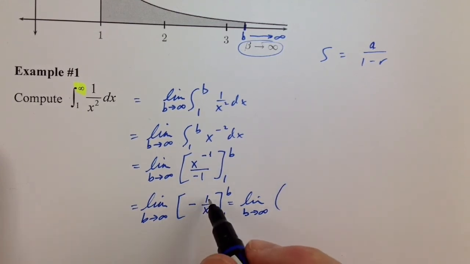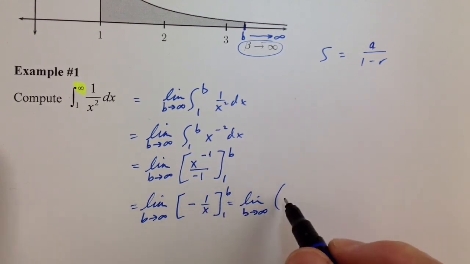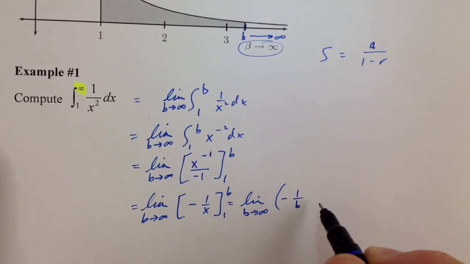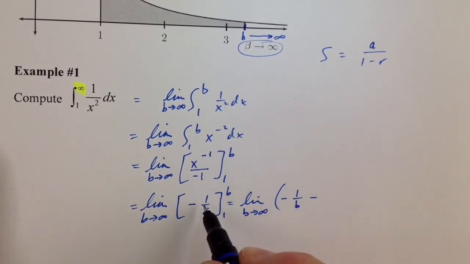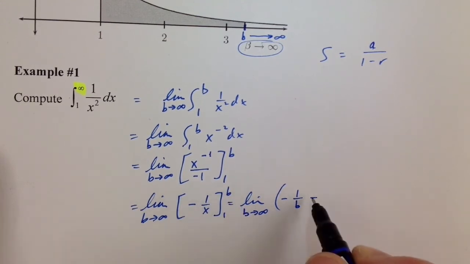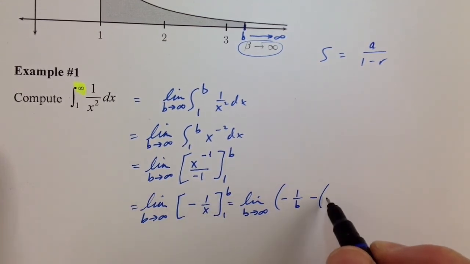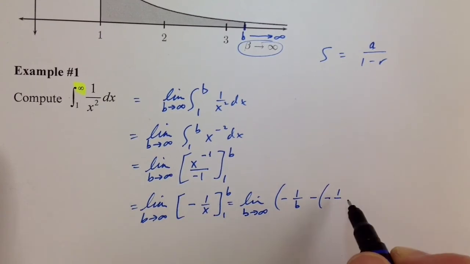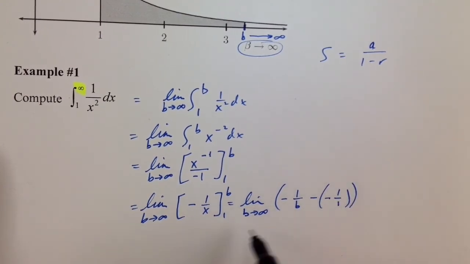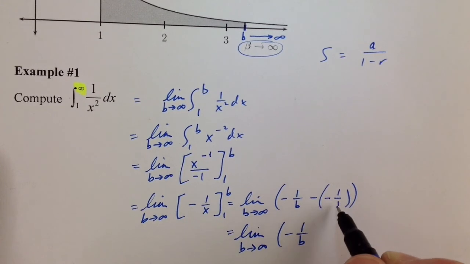Now, when we replace x with b, we get negative 1 over b. Minus, so we have this antiderivative evaluated at the upper limit minus this antiderivative evaluated at the lower limit. So cleaning that up one last time, we get negative 1 over b minus negative 1, which would be plus 1.